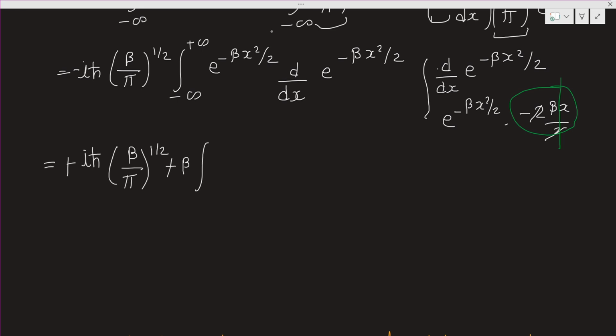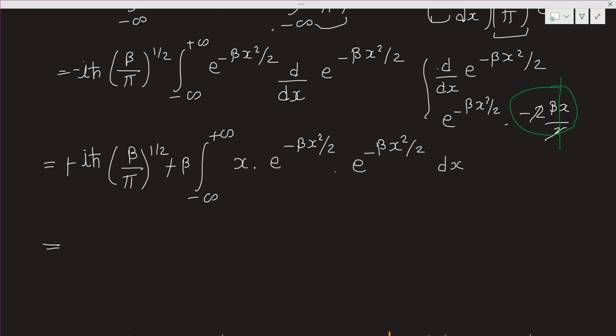Okay, then here you are writing the integration, and x will go inside the integration because it is a variable. So you are writing here x, and then e^(−βx²/2) and again e^(−βx²/2) dx. This one.